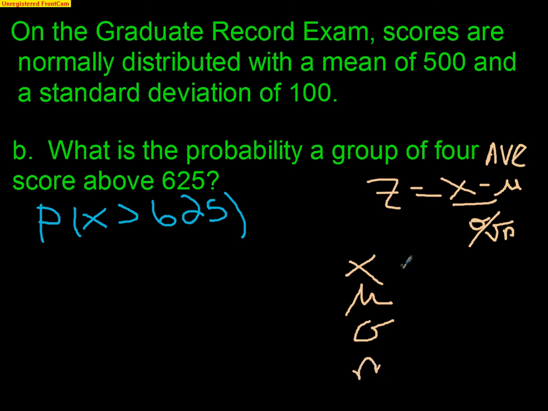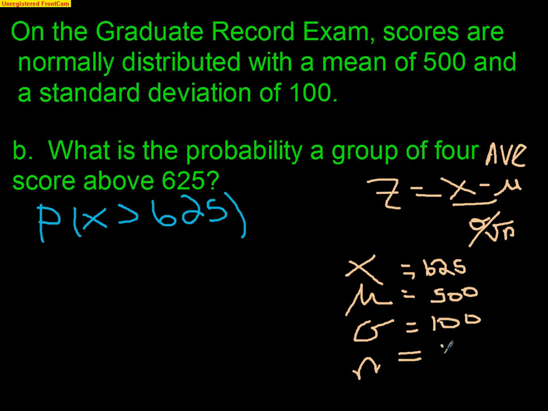Remember, your x is always whatever you set up right here. So if you rewrite your problem correctly each time, it'll make finding your x much easier. My mean is 500 because that's what it tells me up here. My standard deviation is 100, again given. And my n, let me read the question. What is the probability a group of 4? Oh, 4. So my sample size here is 4.